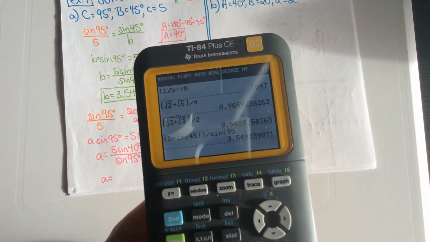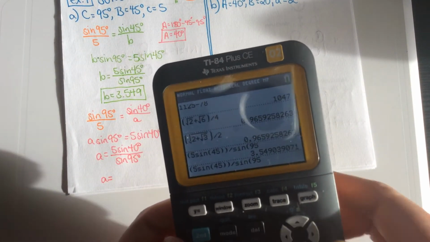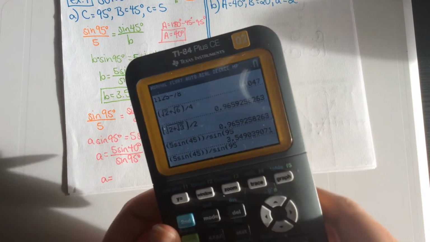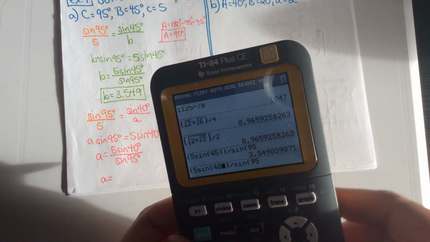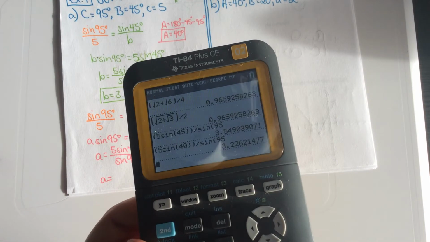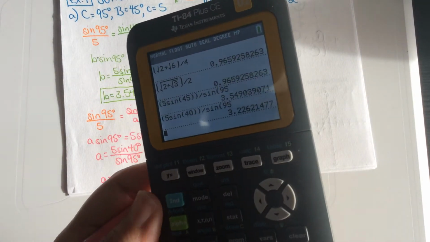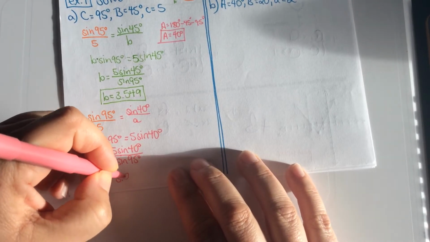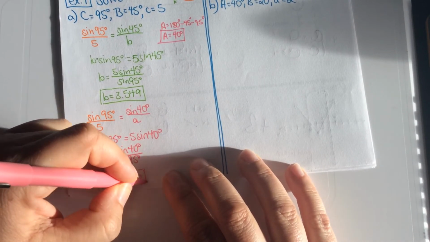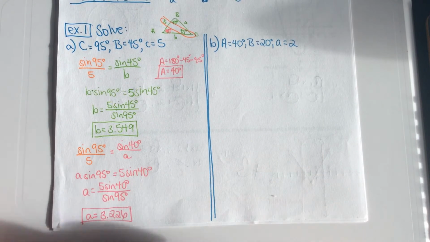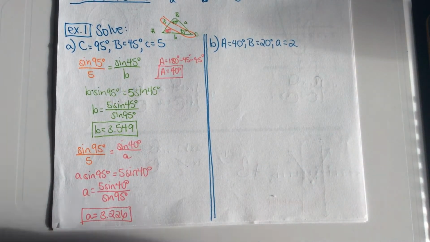I'm going to go 5 sine of 40 divided by sine of 95. And I get 3.226. And now I have all of the information about that triangle. I solved the triangle. Okay.